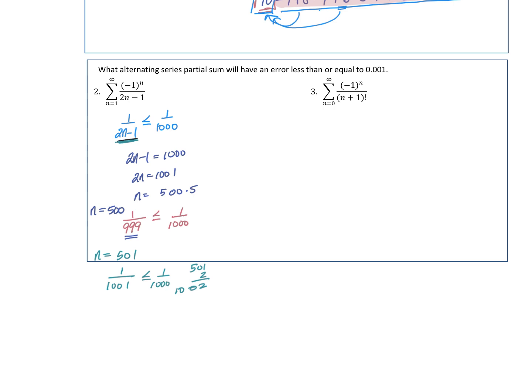So this is in fact smaller. So that means that this is my error term. So the 501st term is my error term, which means I need to add up the first 500 terms. So the answer to the question is n equals 500 terms.